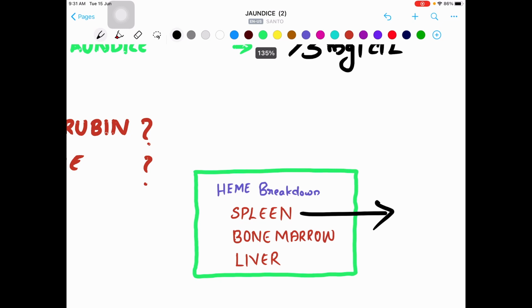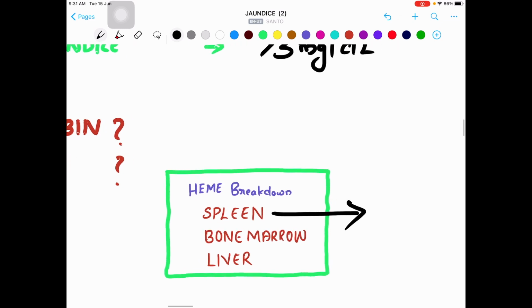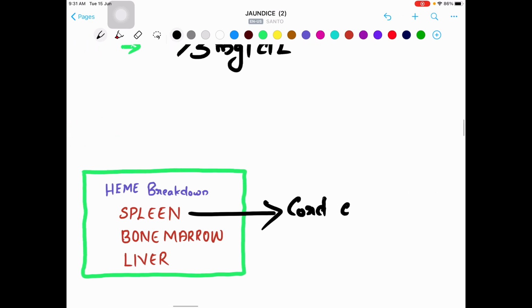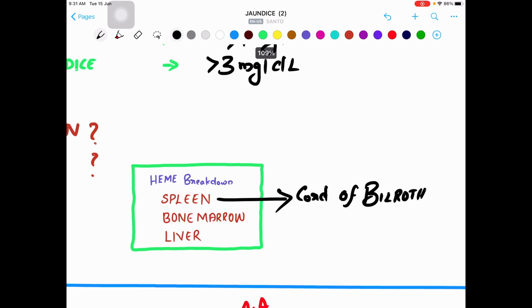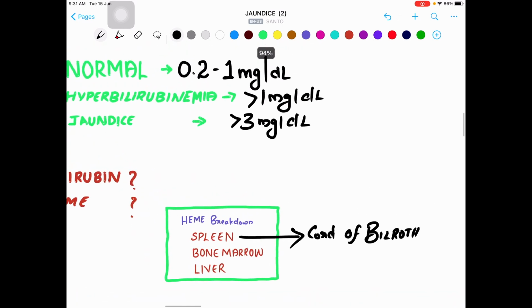To be more accurate, it takes place in the cord of Billroth. To some extent, the breakdown will also take place in the bone marrow and liver.